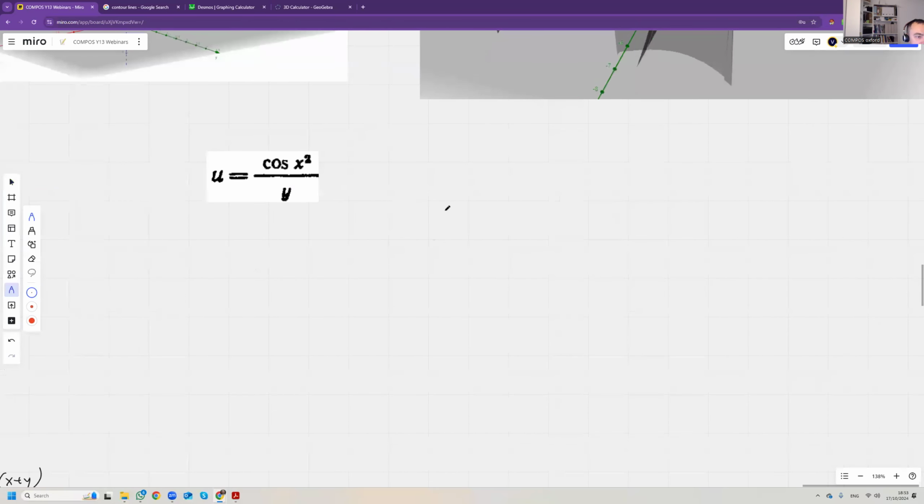So here, ∂u/∂x. We treat y as a constant, so we just differentiate the cos. That's going to be minus sin(x²) multiplied by 2x divided by y. ∂u/∂y: now we treat x as a constant.